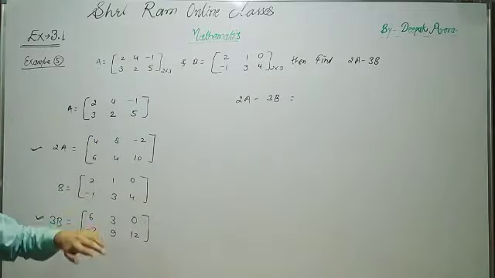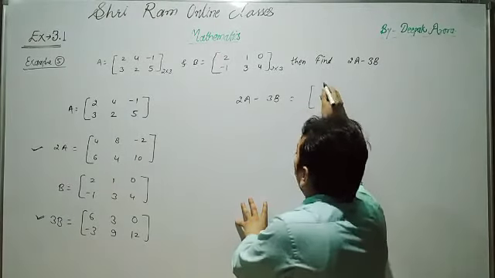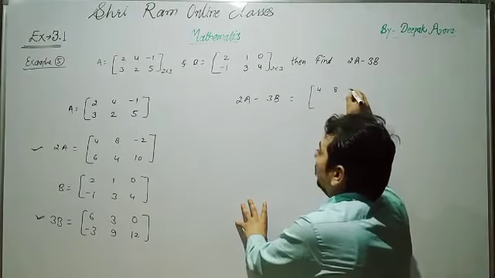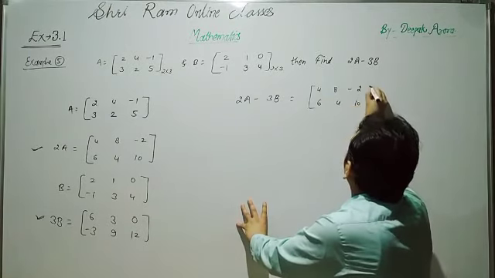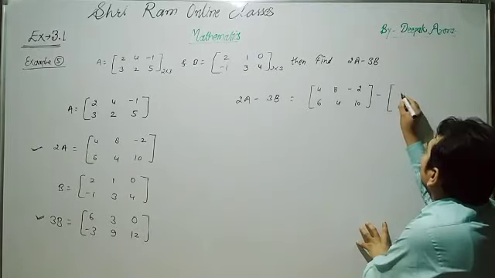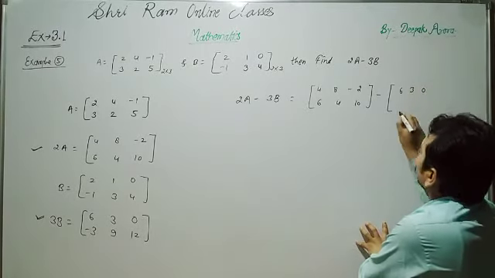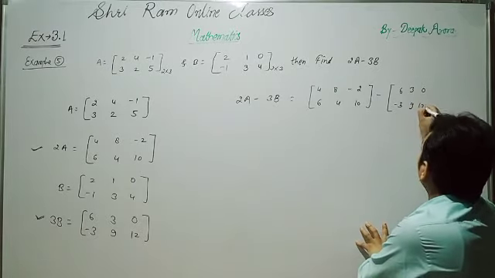So put the values in the equation. The value of 2A is 4, 8, minus 2 and 6, 4 and 10, and 3B is 6, 3, 0 and minus 3, 9 and 12.